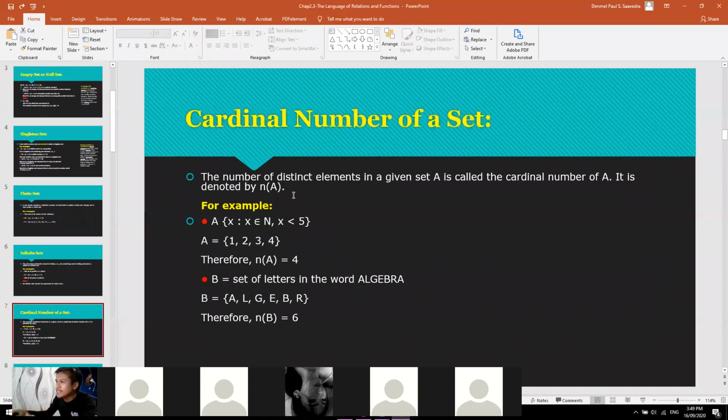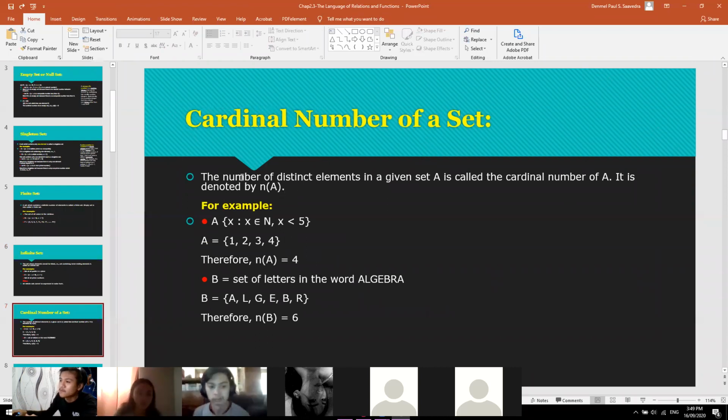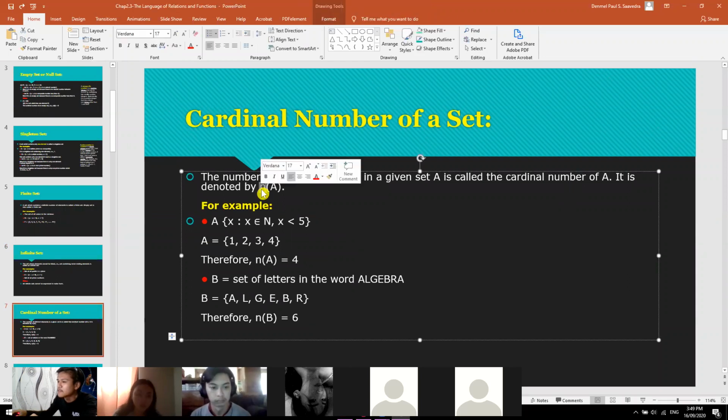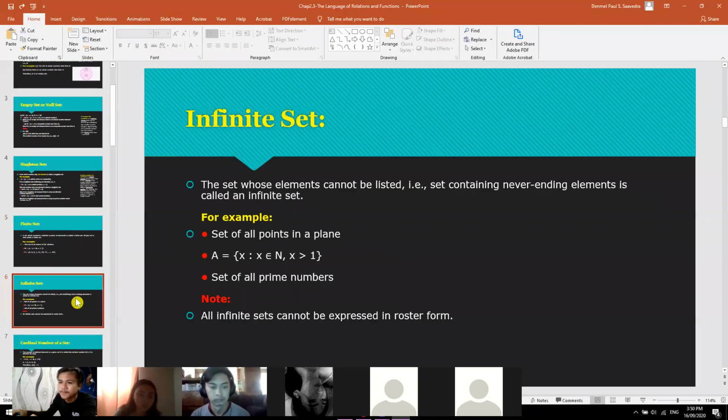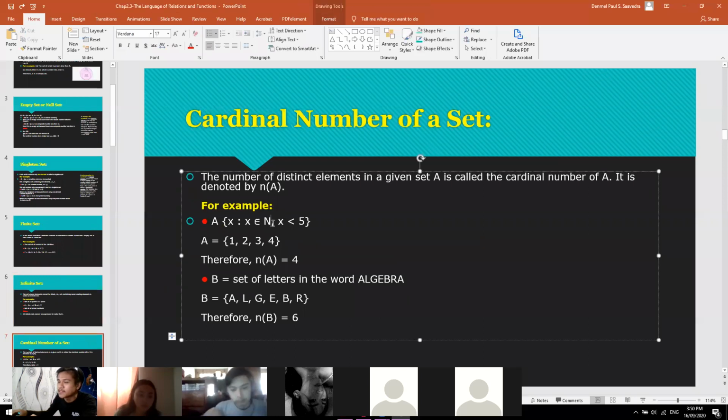Next one is cardinal number of a set. So when you say cardinal, it is the number of distinct elements in a given set A. It's called the cardinal number of A. So it is denoted by the number of elements of this set. So for example, we have an element X where it is a natural number.